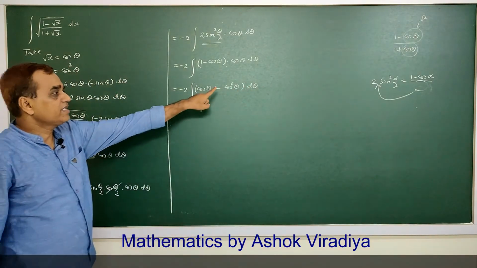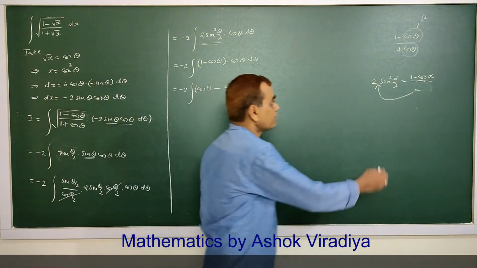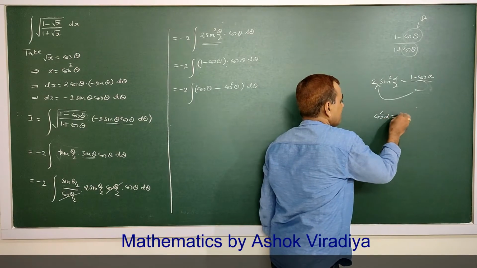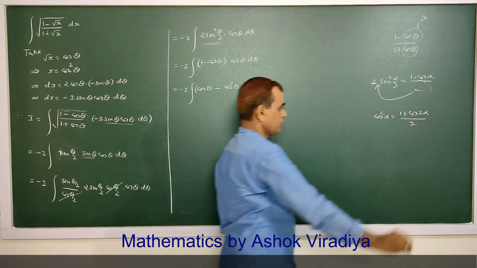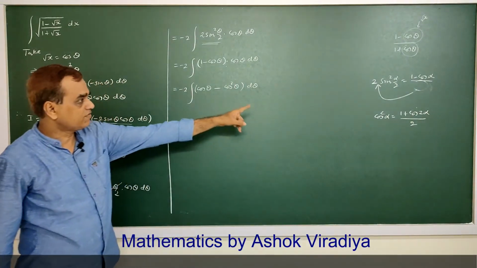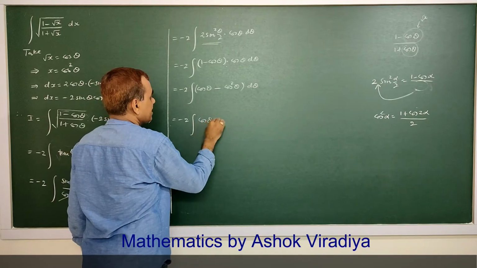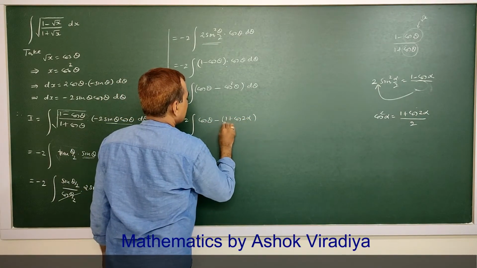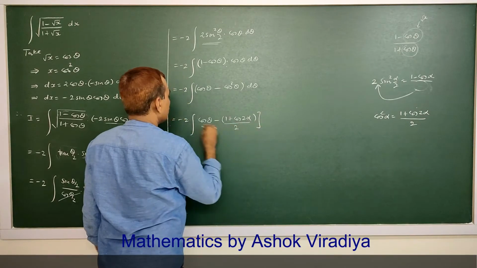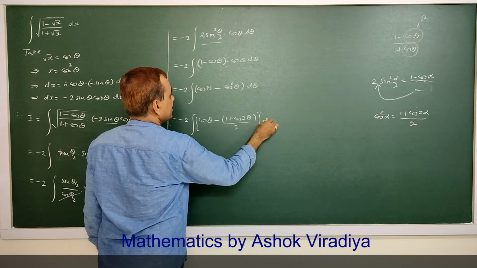Now again it is necessary to remove this square. So once again we use the formula cos square alpha is 1 plus cos double alpha by 2. Using this formula here, minus 2 into cos theta minus 1 plus cos 2 theta by 2, because here the symbol is theta, d theta.